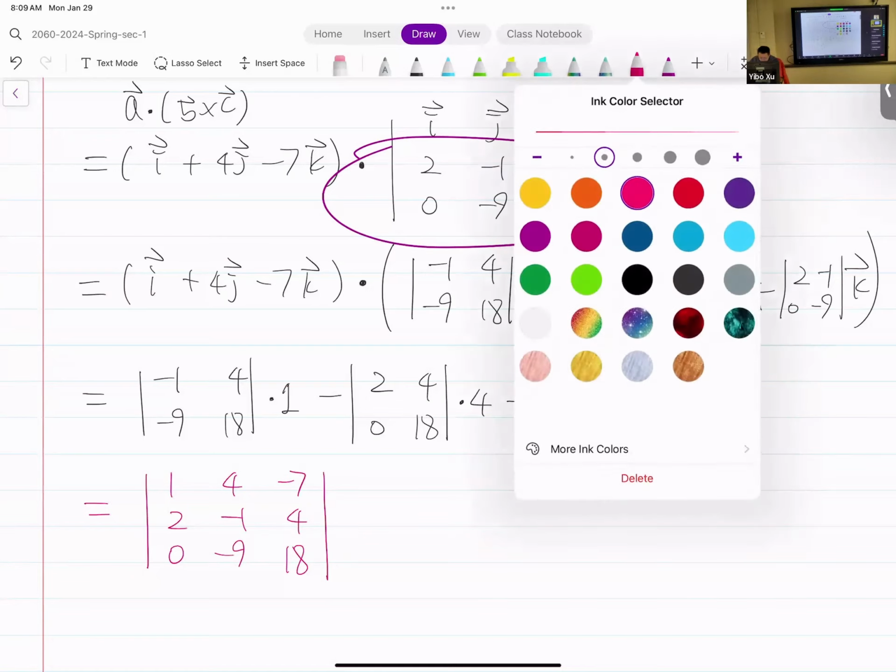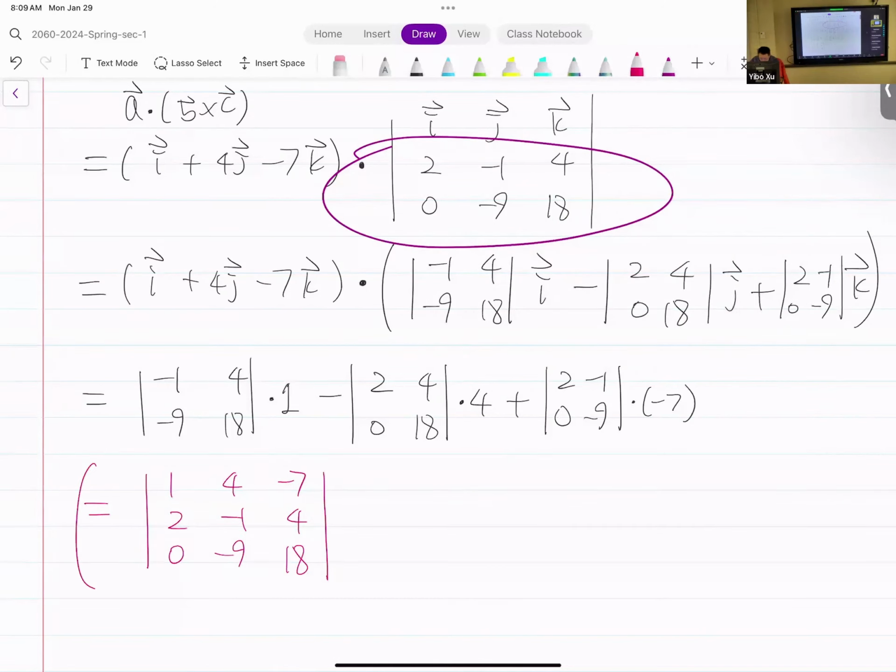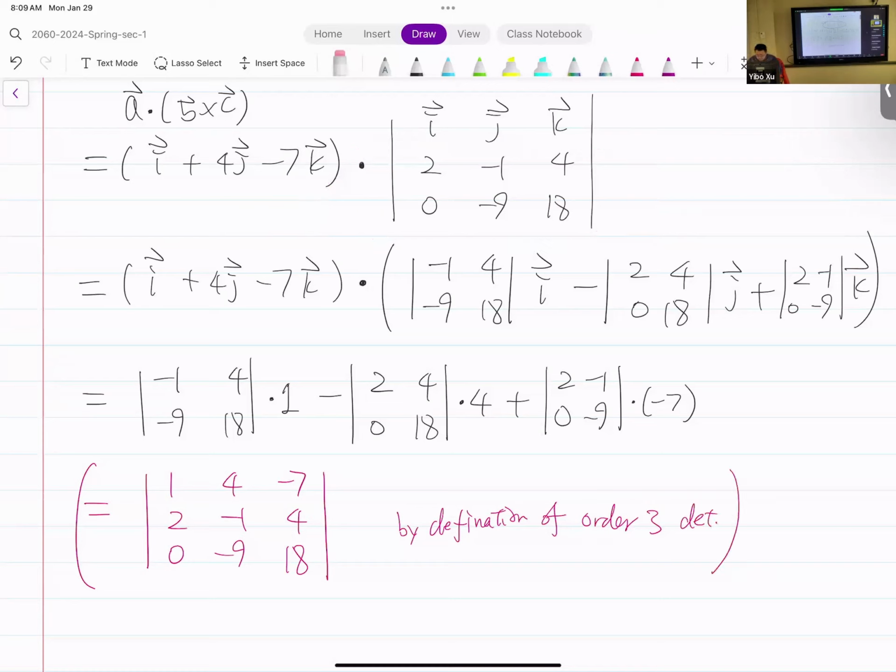This is by definition of order 3 determinant. Although it doesn't help you with the computation further, it is something interesting to see.